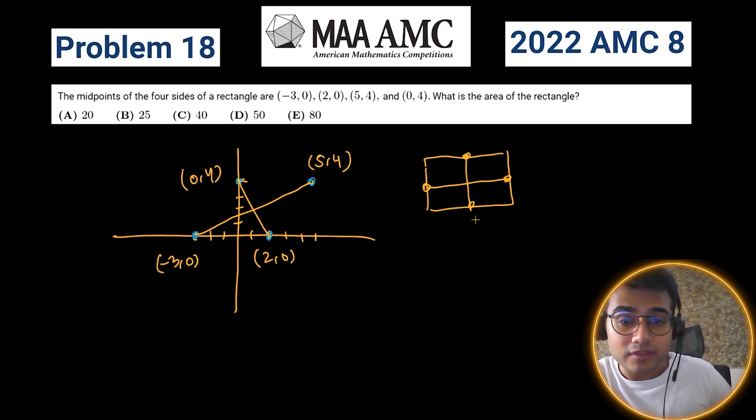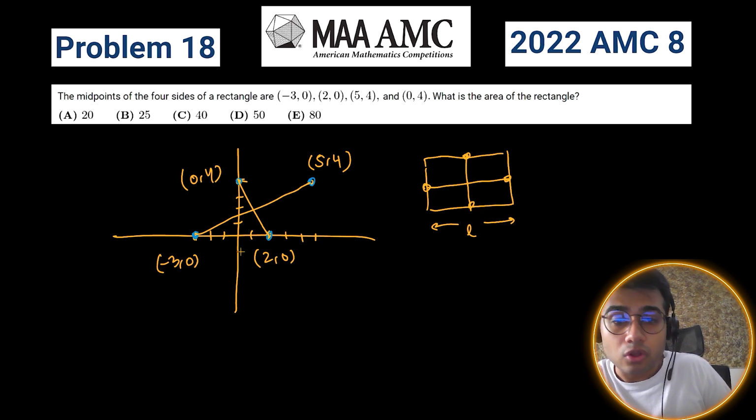And what we observe is that the length of the rectangle is equal to the longer line between the midpoints. So this is going to be our length. Okay, this is our length, and the width is going to be the distance between the other two midpoints.